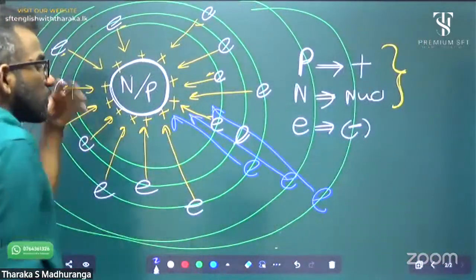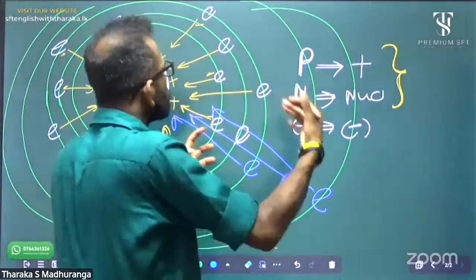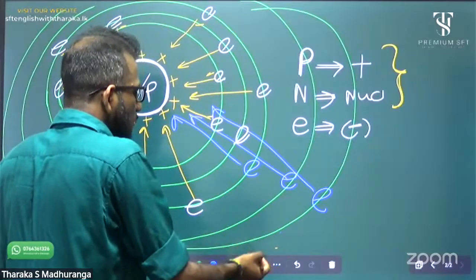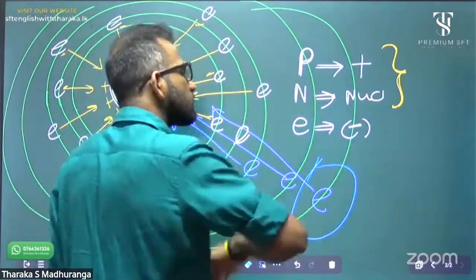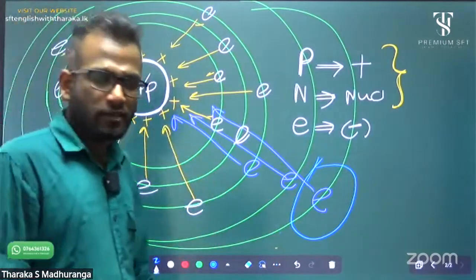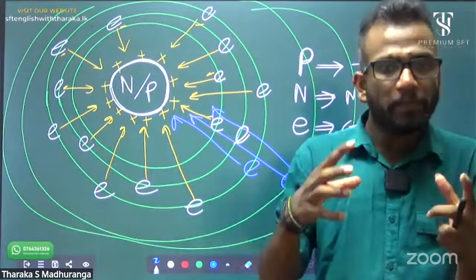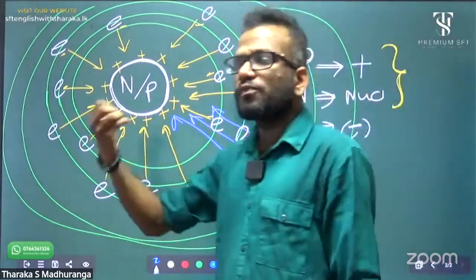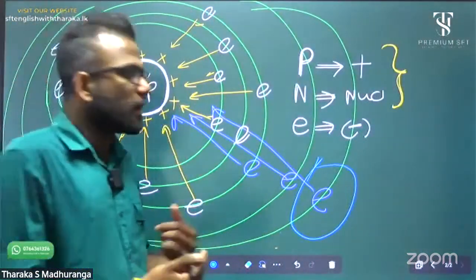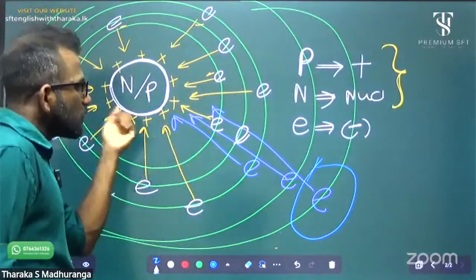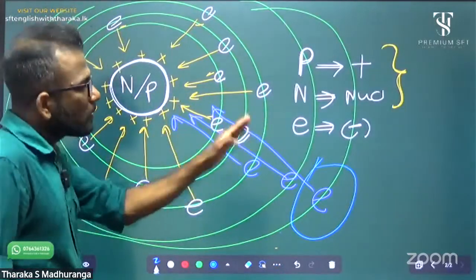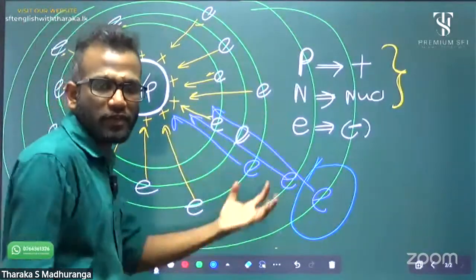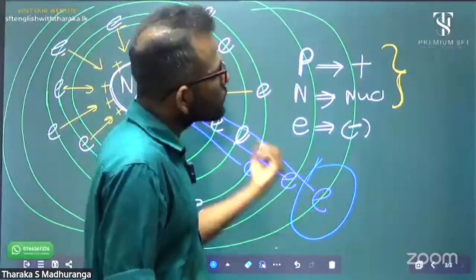Therefore, some number of electrons release from the nucleus and convert into free electrons. Copper has many free electrons. If you take aluminium, and a lot of metals, they have a lot of free electrons. Free electrons mean that, due to the considerable distance from the nucleus, their attraction is very low.